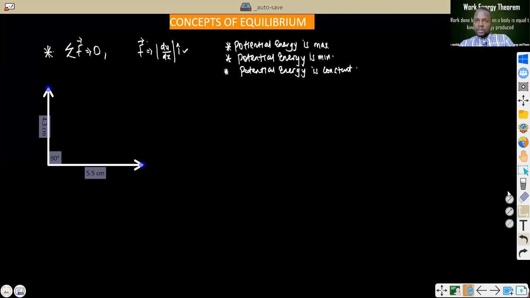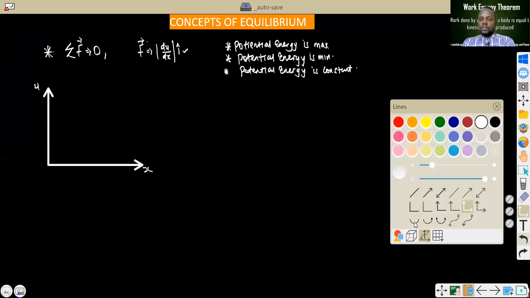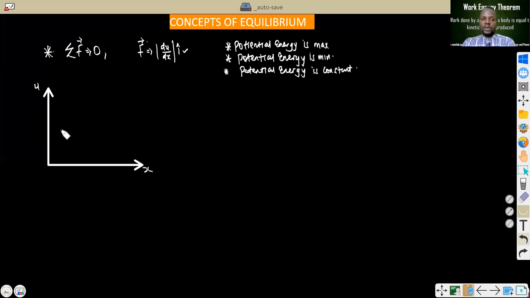So now for potential energy to be maximum, we are drawing the graph of U against s. For minimum, we can take any graph according to our understanding, maximum or any other. So I'm just taking the curve, the maximum curve.